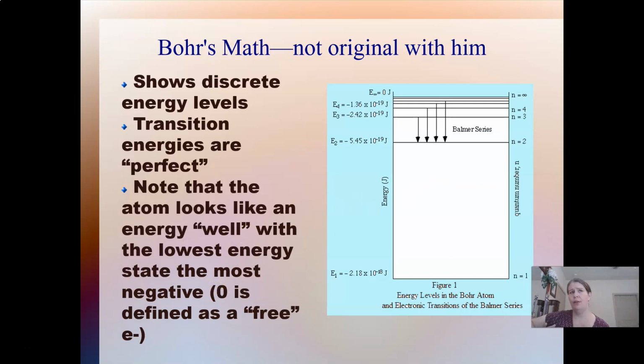Well, we know logically that in order for an atom to stay together, it must be energetically favorable for an atom to exist because they are certainly all around us. So if we define an electron by itself as 0, an electron in an atom must have less energy, because that's how we get nature to agree to hang on to atoms.